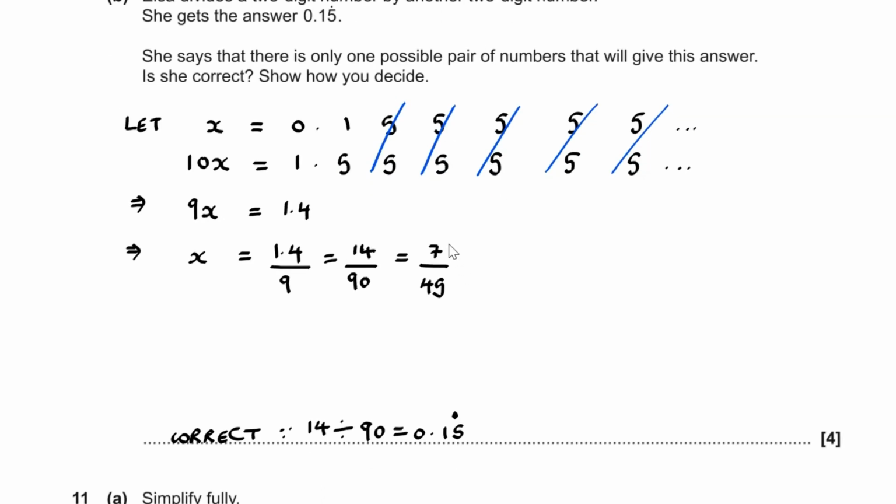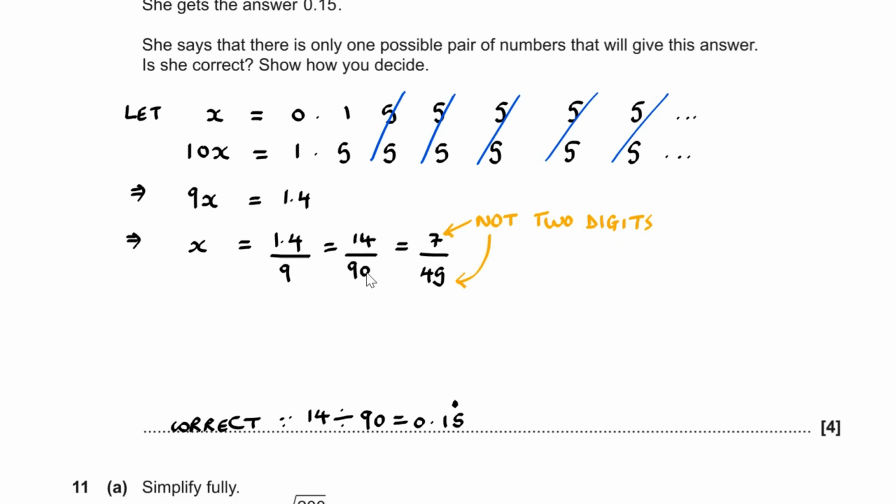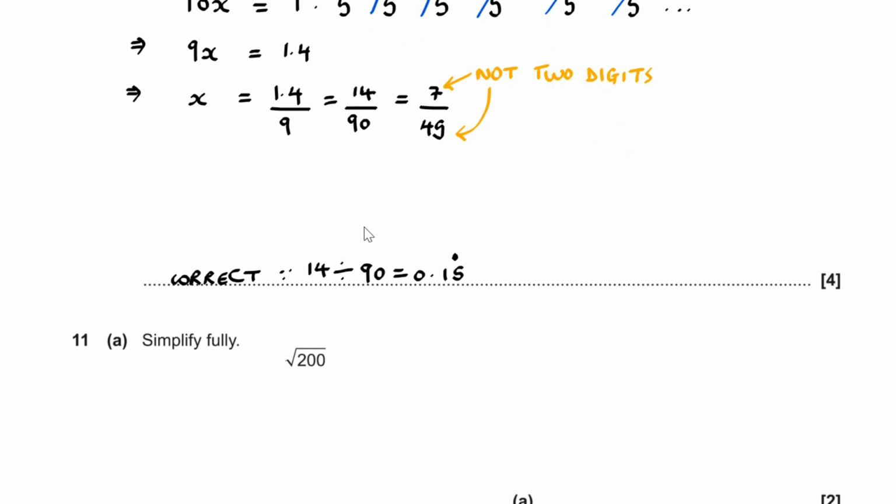So this one over here is not 2 digits, and the same thing with this. And if we unsimplify this even more, then we still wouldn't get a 2-digit number, whereas here we do have 2-digit numbers. So this is the only possible pair we can have, 14 and 90.